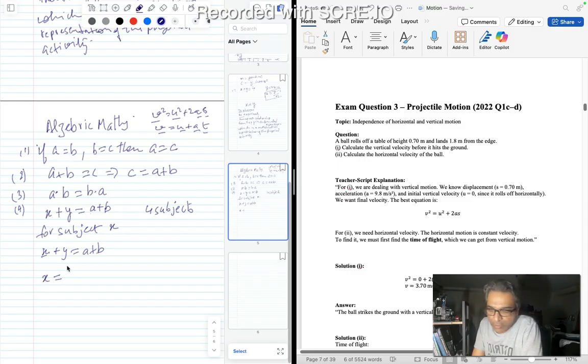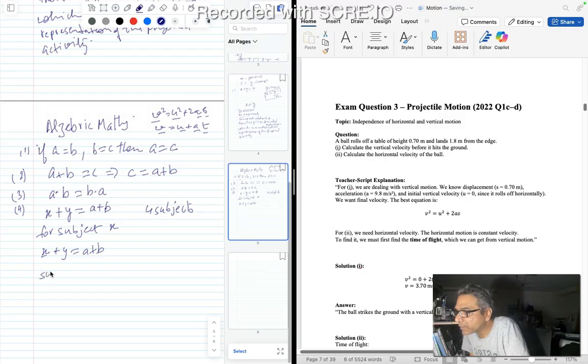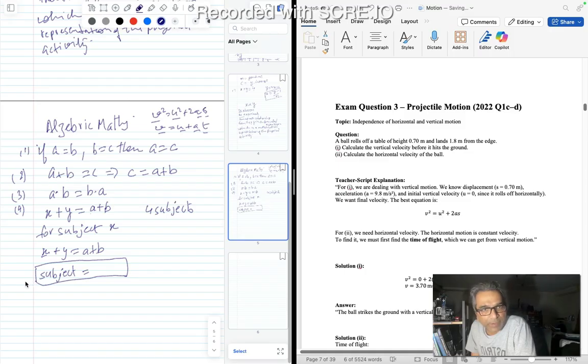equals, or to be precise, subject equals. The subject needs to be on the left hand side. Okay, right. So let's do this for the subject x.